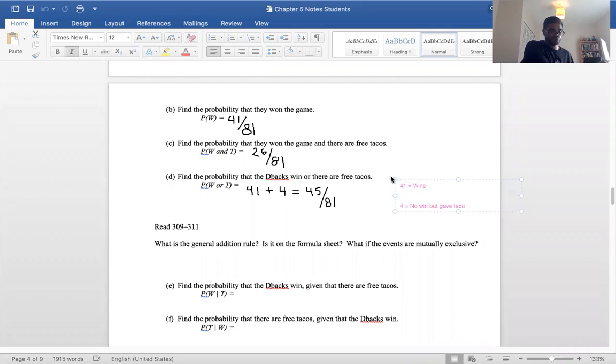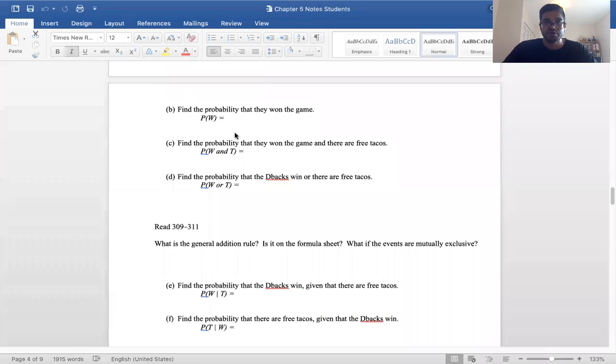Okay, so now that leads into our first big general probability rule, which is the general addition rule. We denote this with a union. So I'm going to draw this out.